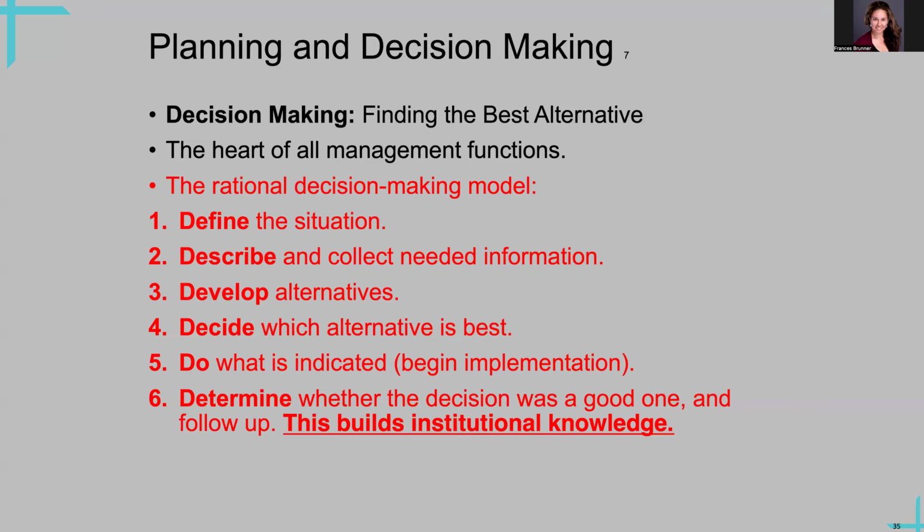So once you've done whatever you decided needs to be done, the sixth step is just as important as the first step: to determine whether the decision was a good one and follow up. This allows companies to gain knowledge over past decisions, understand what went wrong before, and make better decisions in the future.